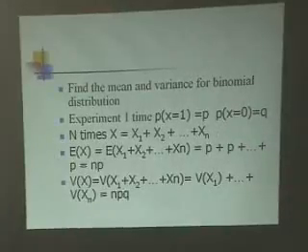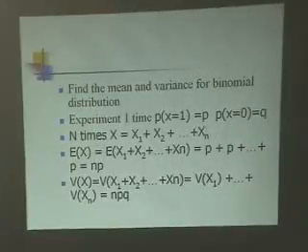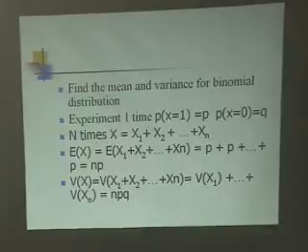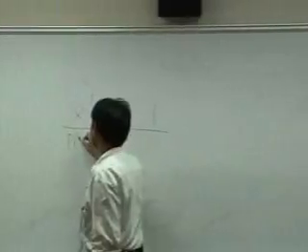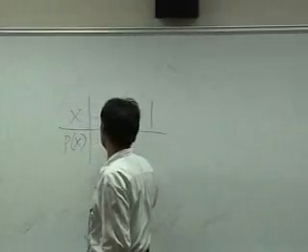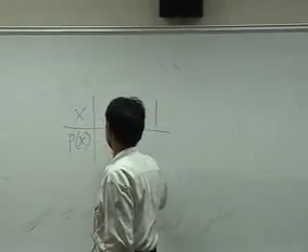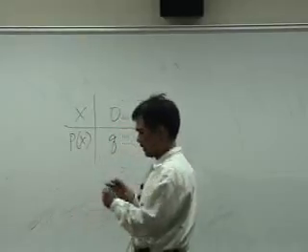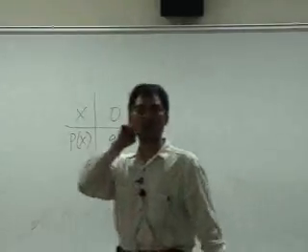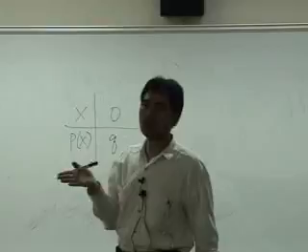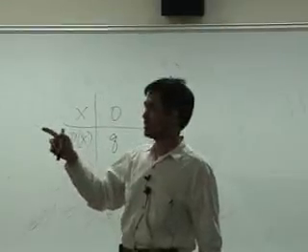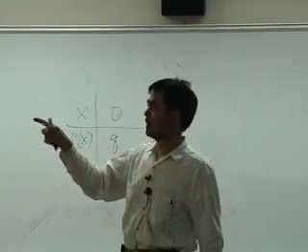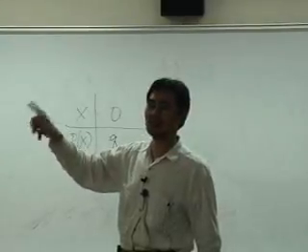So what does that mean? You have X equal to 0 and 1, and P(X) is equal to q and p. So now you are required to calculate the mean and variance of a Bernoulli trial. A Bernoulli trial is when you do this kind of experiment only once.